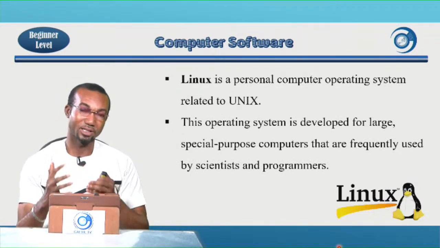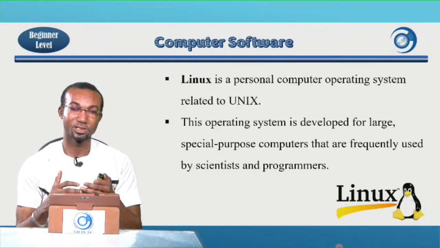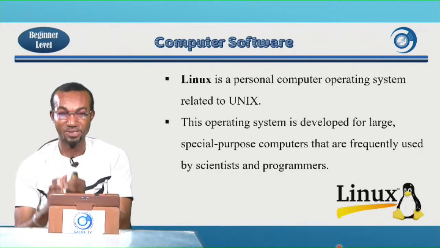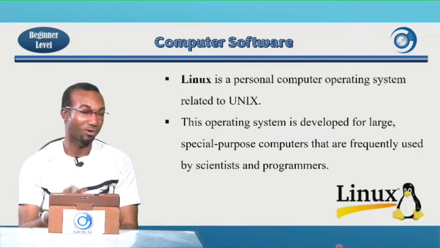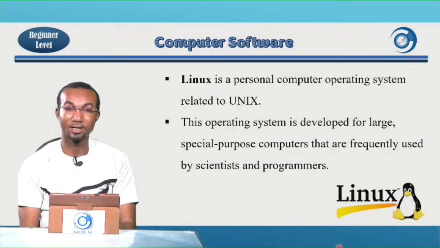So when we were talking about the types of computers, we talked about special purpose computers that are designed to perform a specific function. And the majority of these kinds of operating systems are found on Linux. They are using the Linux operating system.